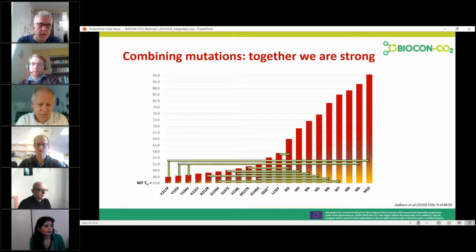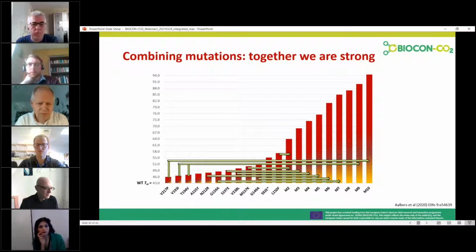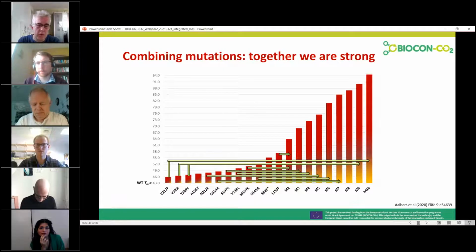Individually, that's already nice, but if we combine them all, which is the M10 mutant, you go from a stability of 43 degrees to 94 degrees. That's quite a spectacular improvement of the thermostability of this enzyme. And that's really nice, because we also typically observe that if you improve thermostability, you also improve, for example, solvent tolerance.